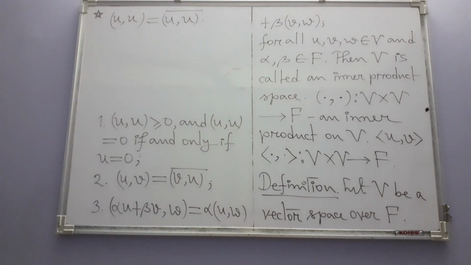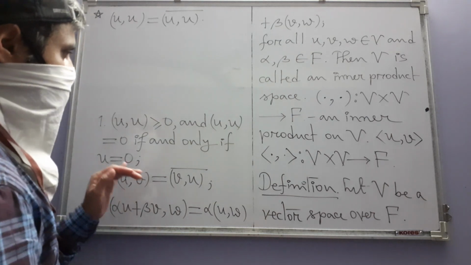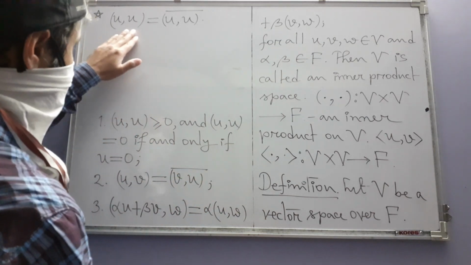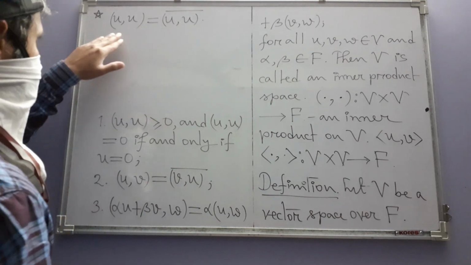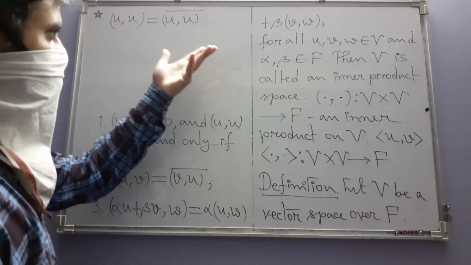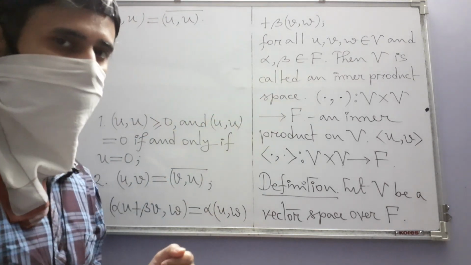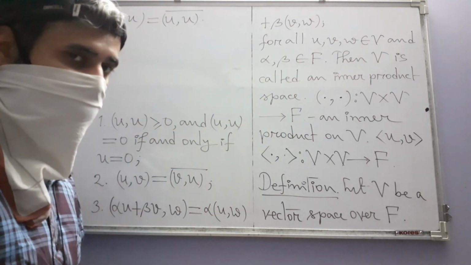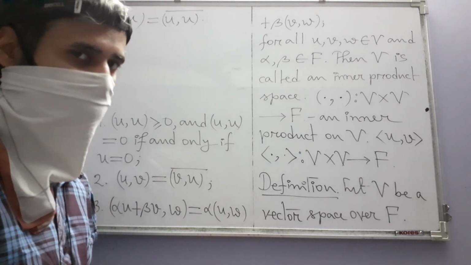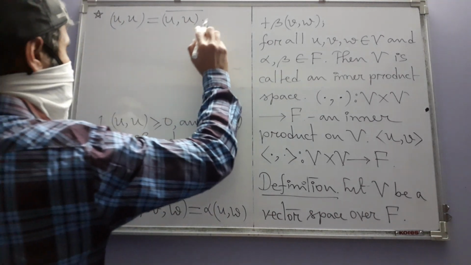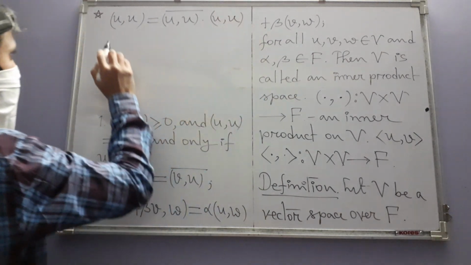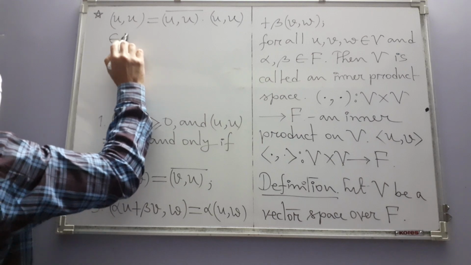That means we should have this for any vector U in our vector space. But what does this tell us? It tells us that the complex number U comma U is equal to its own complex conjugate, and that happens only when a complex number is actually a real number. And that is why this is in fact a real number.